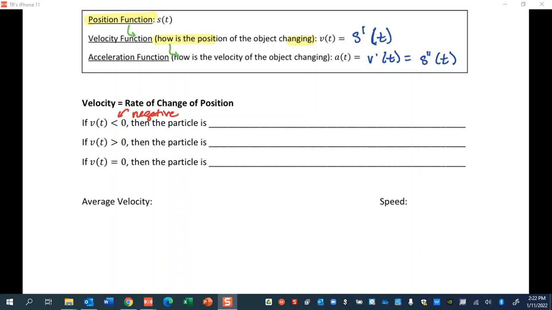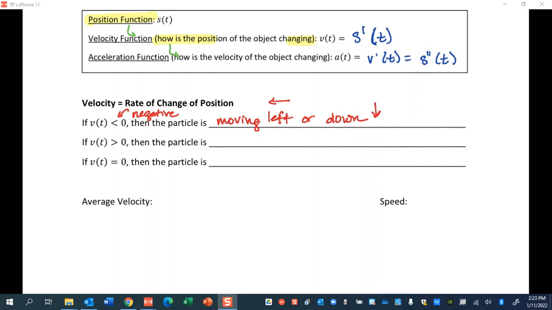So when we talk about our particle moving in a negative direction, if we're talking on the coordinate plane, anytime our particle is moving left or down, we have a negative velocity. So anytime on the coordinate plane we have left movement or down movement, in real life, that's going to be a negative velocity.